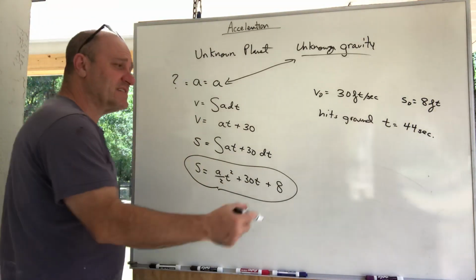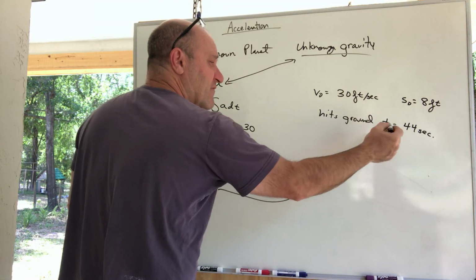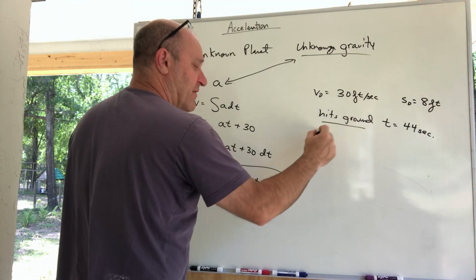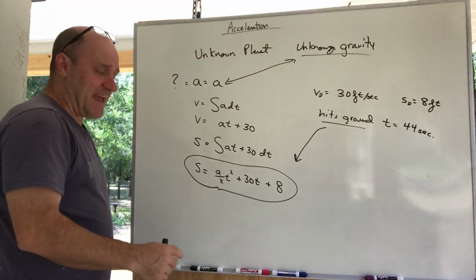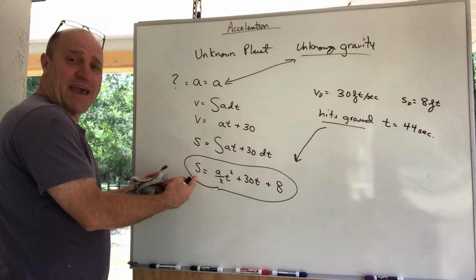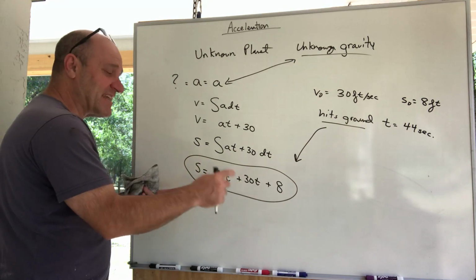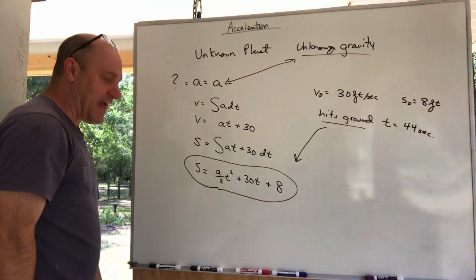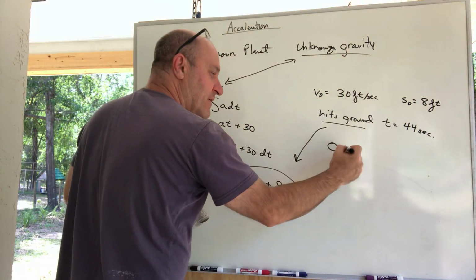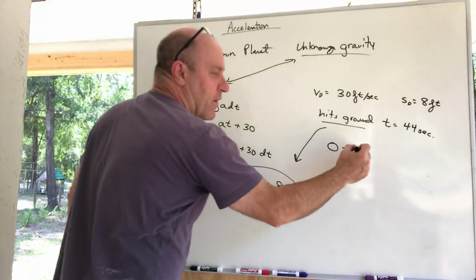And then this is easy actually. In 44 seconds it hits the ground. So I can plug in a 44 for t and it hits the ground, so s is 0. Using that piece of information, I can find a. It hits the ground when t is 44.